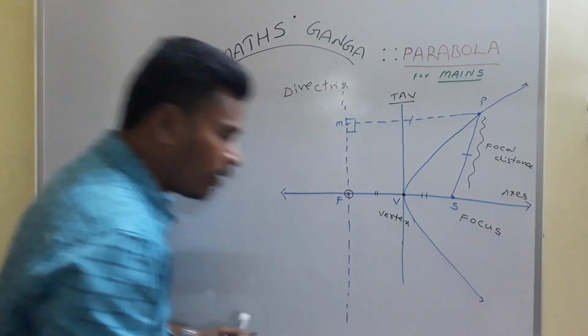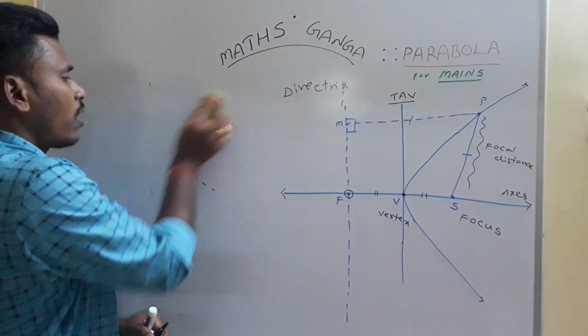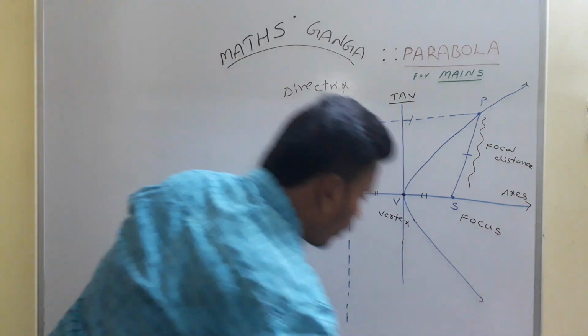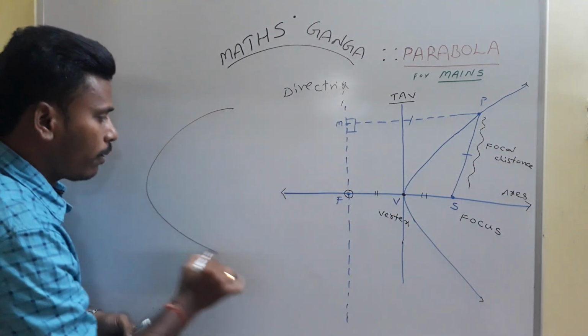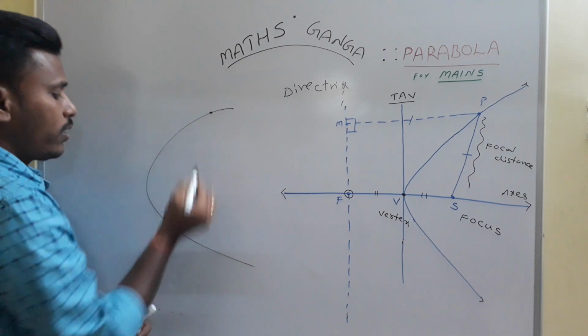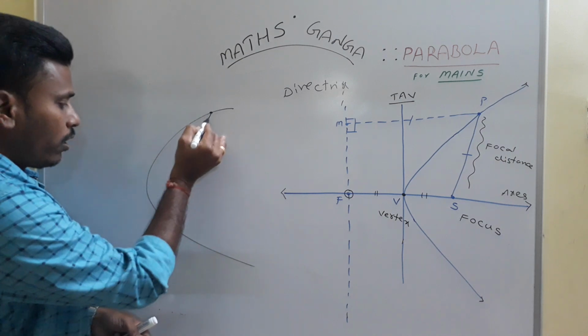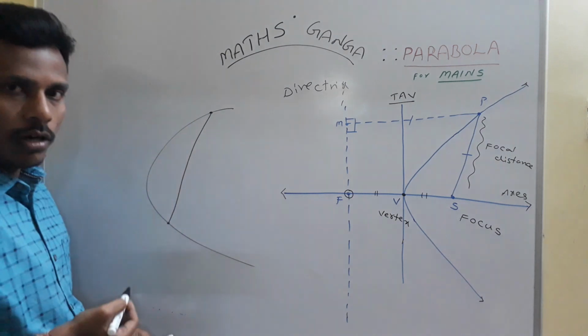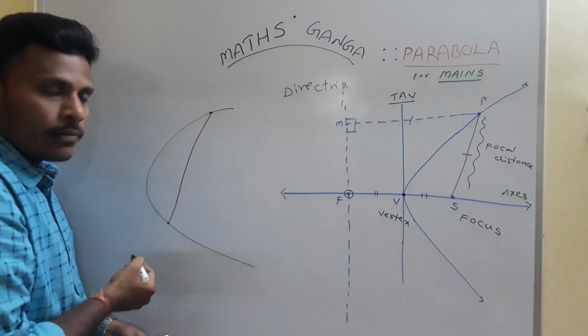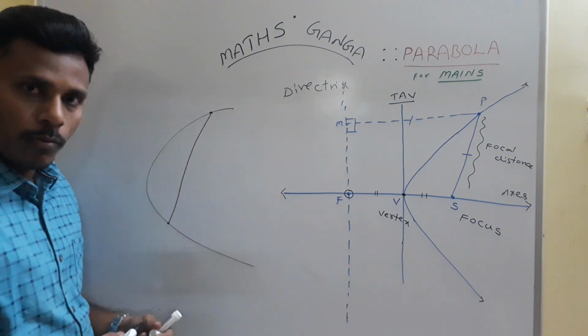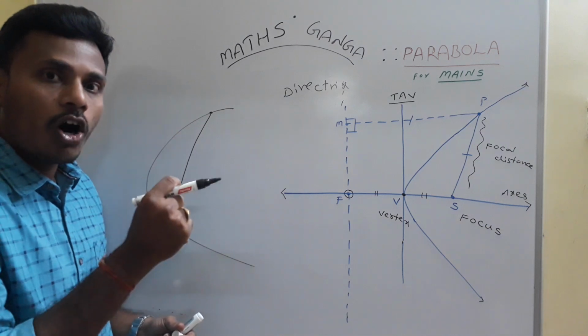And in general, some more terms are also related to the parabola. For example, if you have a parabola and you take any 2 points on the parabola, by joining these two we get a chord. This line segment joining any 2 points of the parabola is called a chord of the parabola.